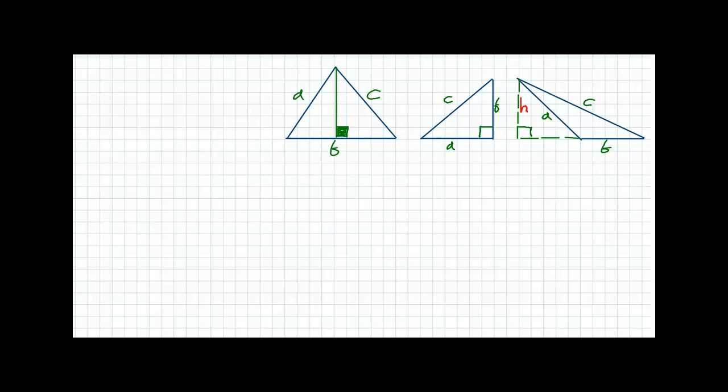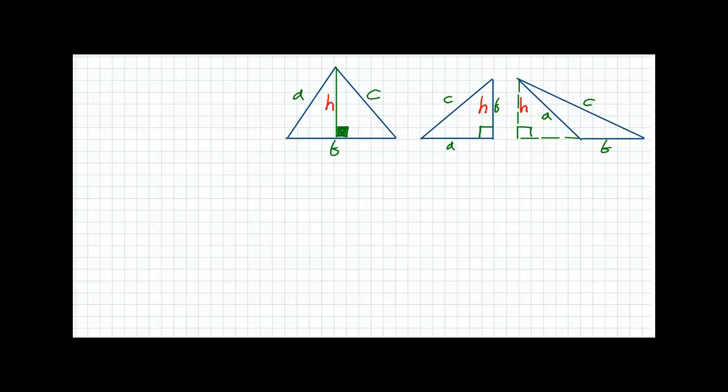If your triangle is a right triangle like this one in the middle, this side will be the height. And if your triangle is an acute triangle like this one on the left, this green line is going to be our height for this triangle.